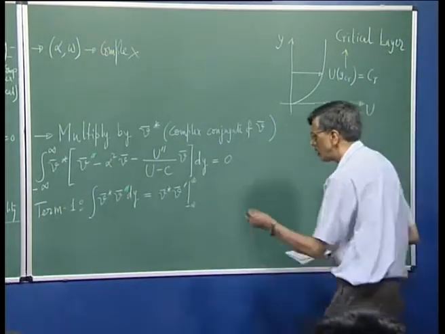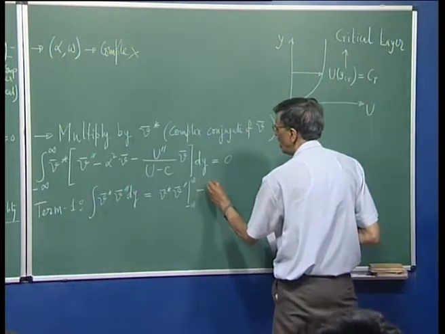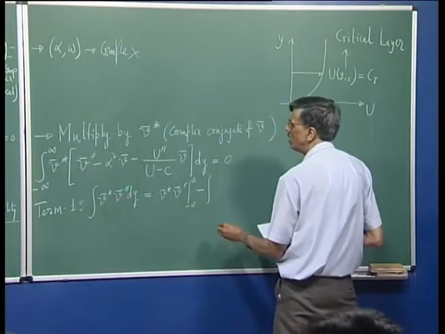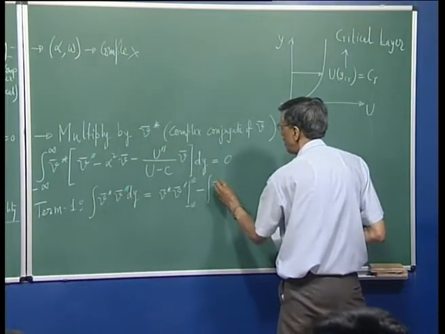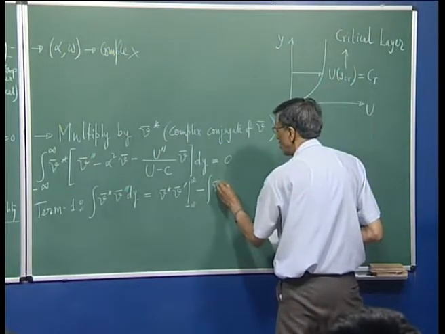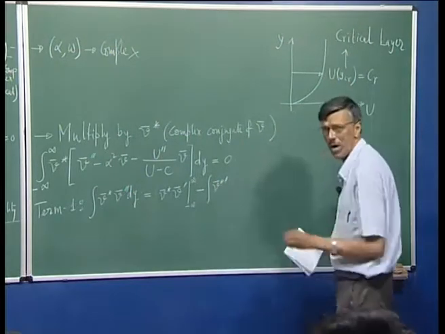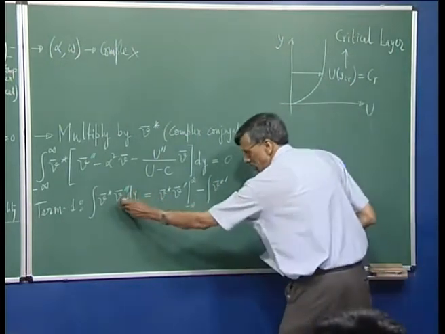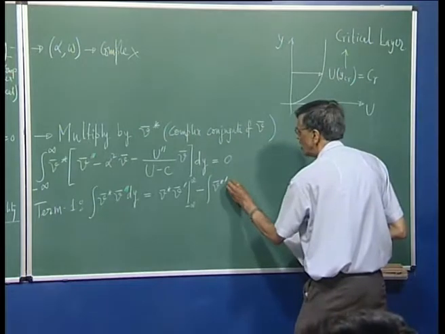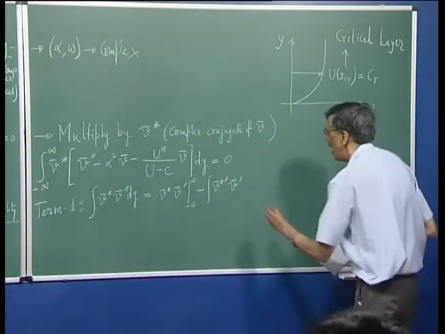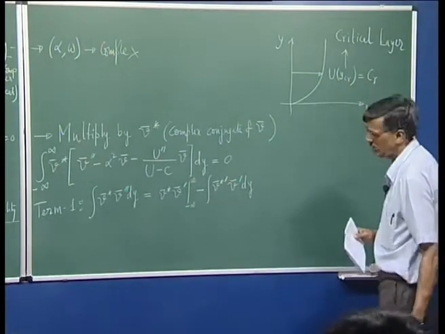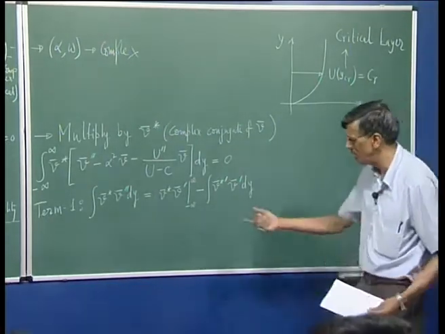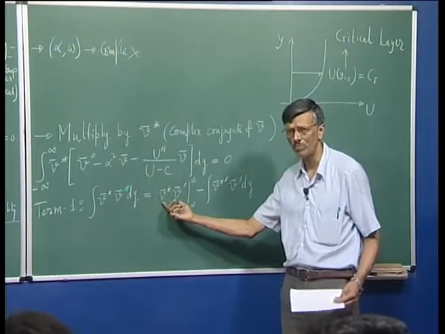Then what do I get? Here I will get the differential of this, that will be v bar star prime. Then I have already integrated this once, so that is there, and then again I am integrating. Now, you can tell me the fate of this term.